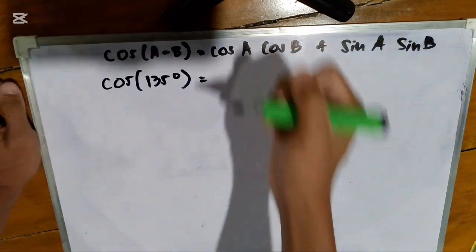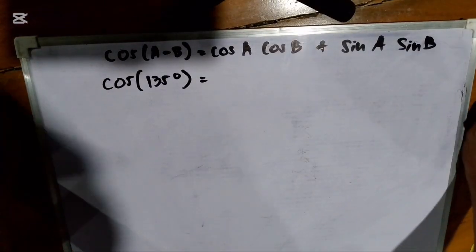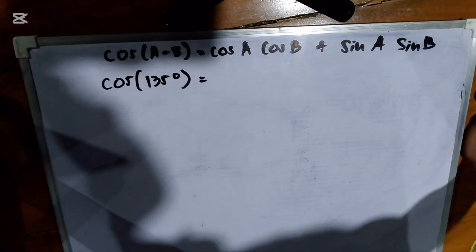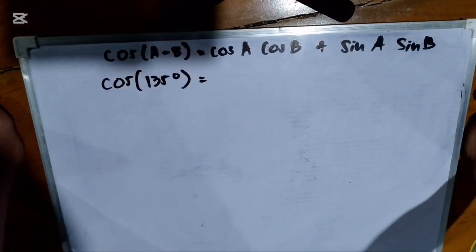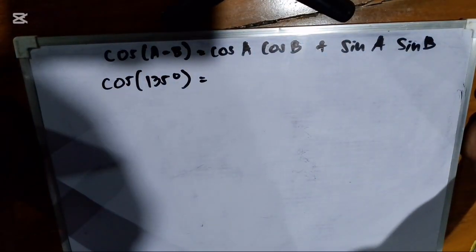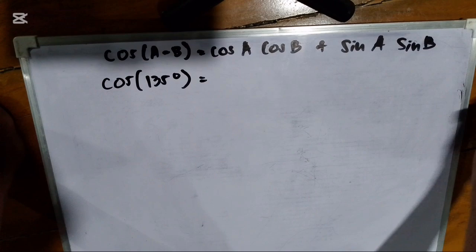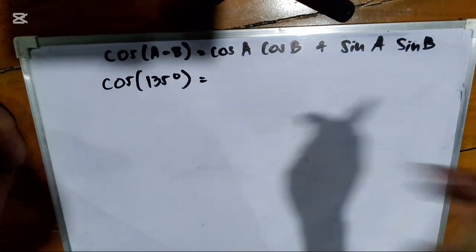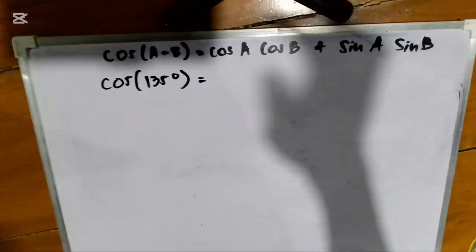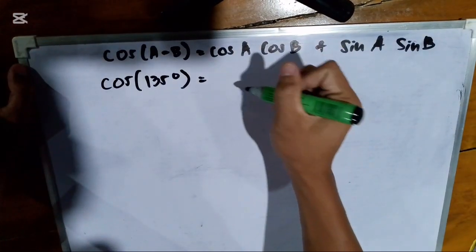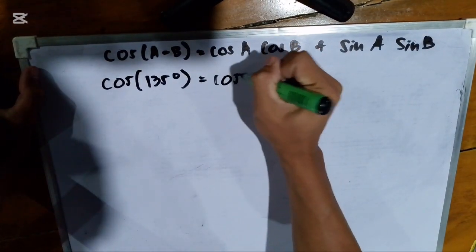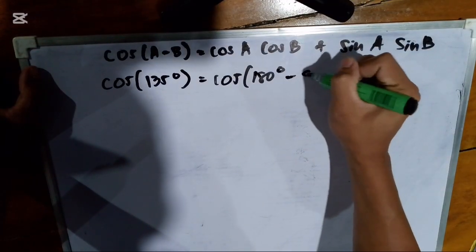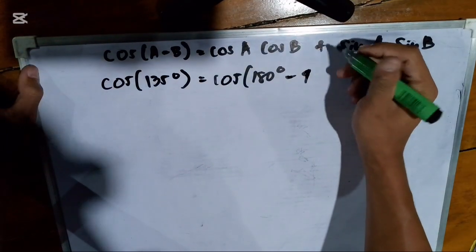And now let us find the two corresponding values that, if we subtract, the answer will be 135 degrees. The corresponding value is cosine (180 degrees minus 45 degrees).